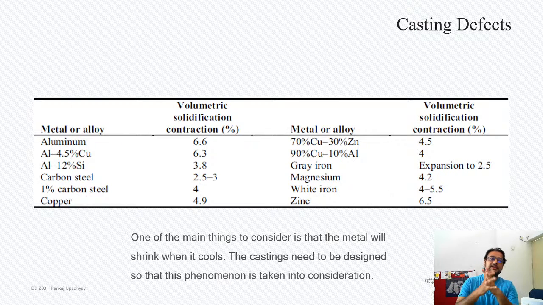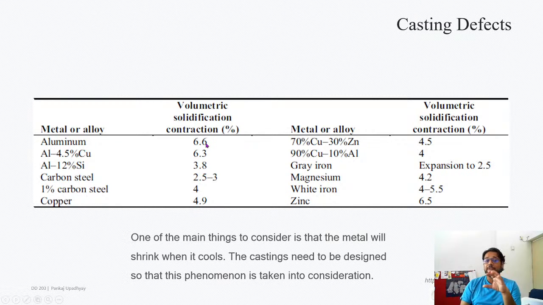So one of the main things to consider is that metals shrink considerably when they are cooling down. Okay, especially when they are cooling down from molten to a solid state, there is a significant amount of shrinkage in volume. Aluminium shrinks around 6%.